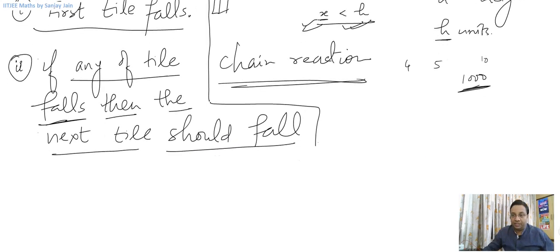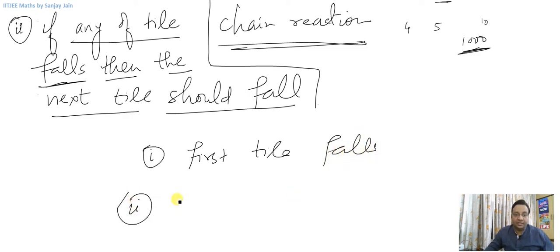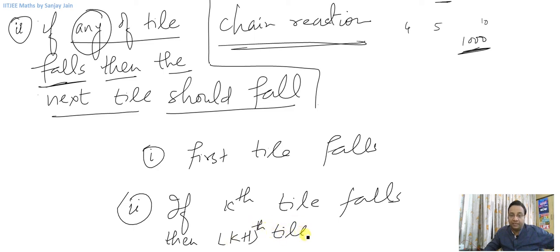If I tell you two things, that the first tile falls, and second, that if the kth tile falls, which is nothing but any general tile, then the k plus 1th tile falls. Now I've told you two things: the first tile will fall, and if the kth falls, then the k plus 1th will definitely fall.